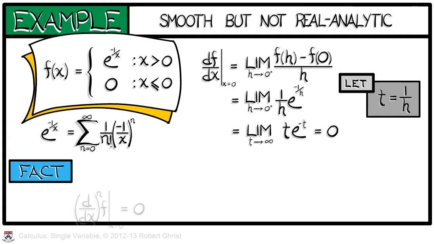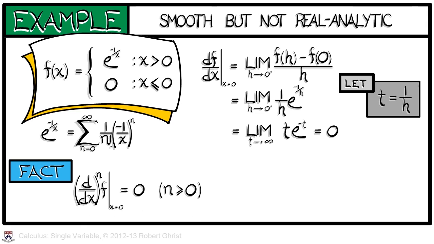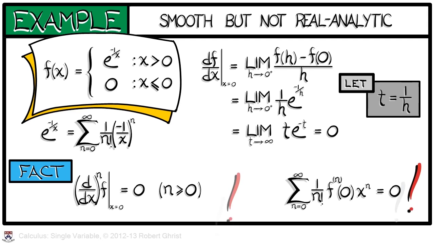So I claim that with a little bit more work using a similar approach, you can show that all of the derivatives of f at 0 are exactly 0. That means that if you take the Taylor expansion of this function, it exists, and it is precisely 0. Every single coefficient in the Taylor series is 0.